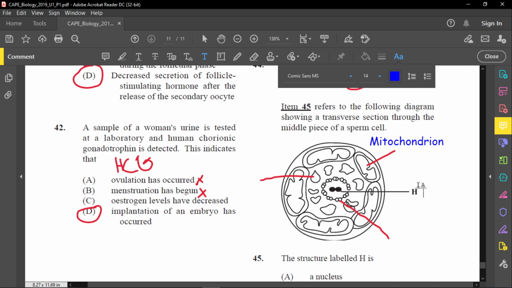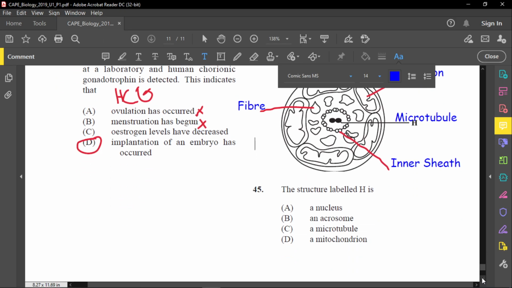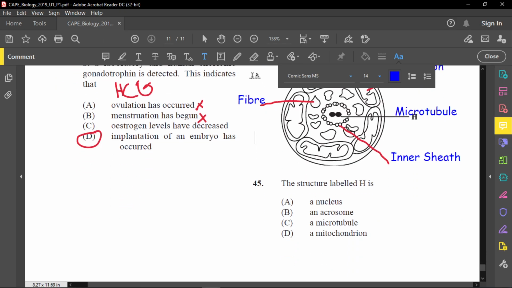This H is the microtubule. And this here is the inner sheath. And then this now will be the fiber. So the question now asks, the structure labeled H is microtubules.